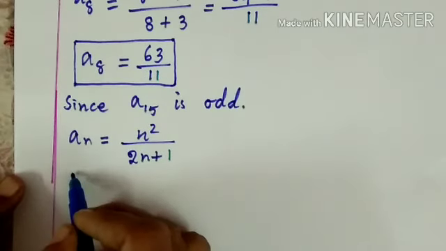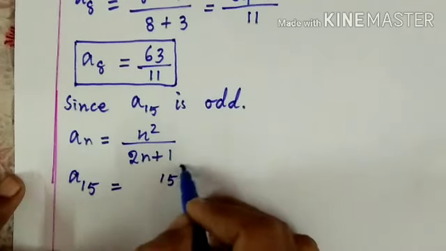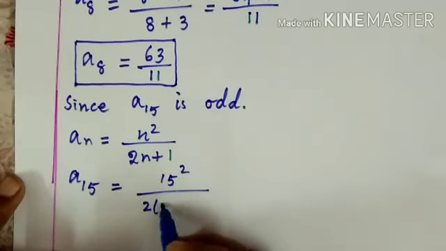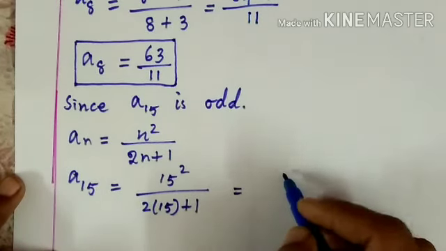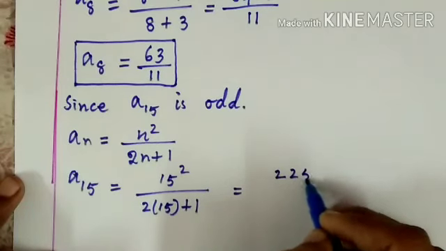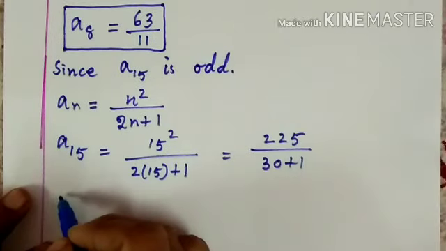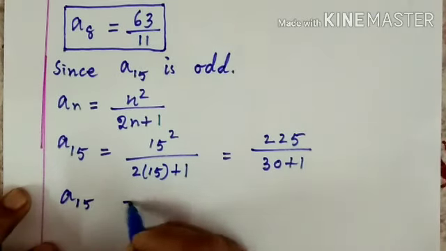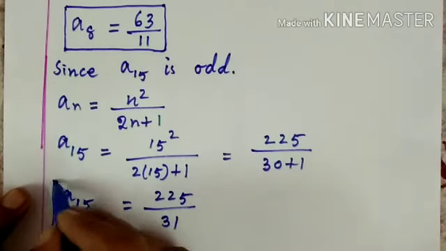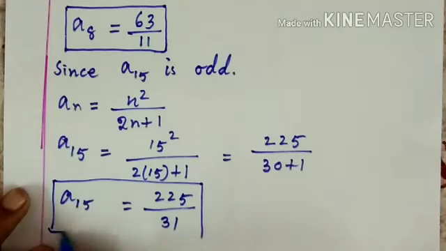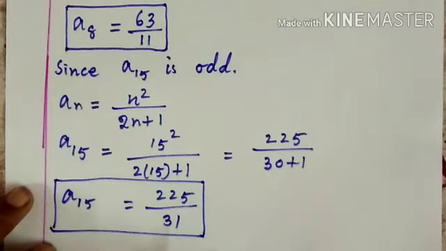For n equals 15, therefore A15 is equal to 15 squared by (2 into 15 plus 1), that is equal to 15 15s are 225 by (30 plus 1). Therefore, the value of A15 is equal to 225 by 31. This is the answer for A15. This is the answer for this question.